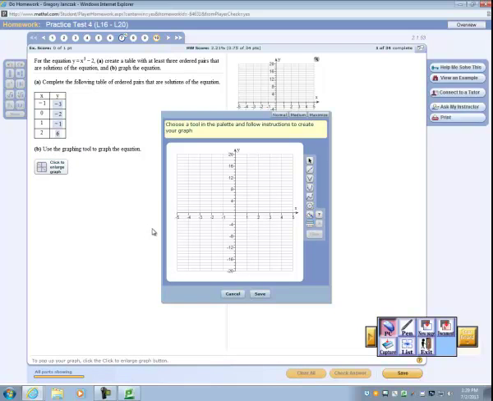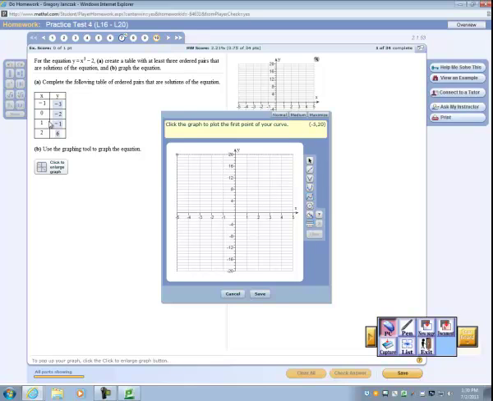All right, so what are we going to click this time? Okay, one thing that you could do is ask, is it going to be linear? Is it going to be absolute value? Quadratic? Here it tells you cubic. Okay?